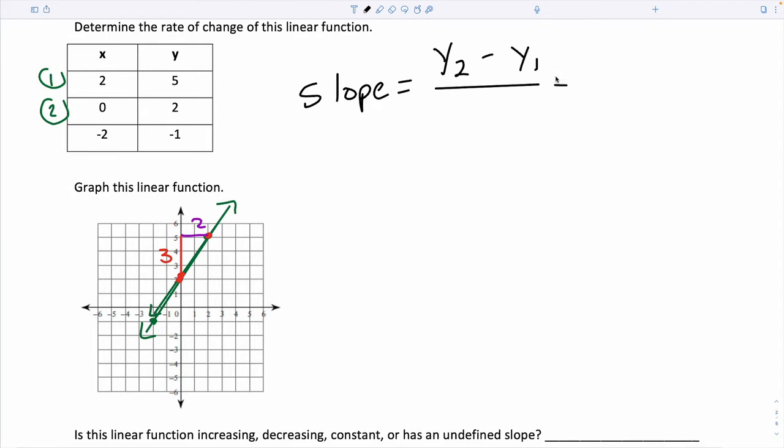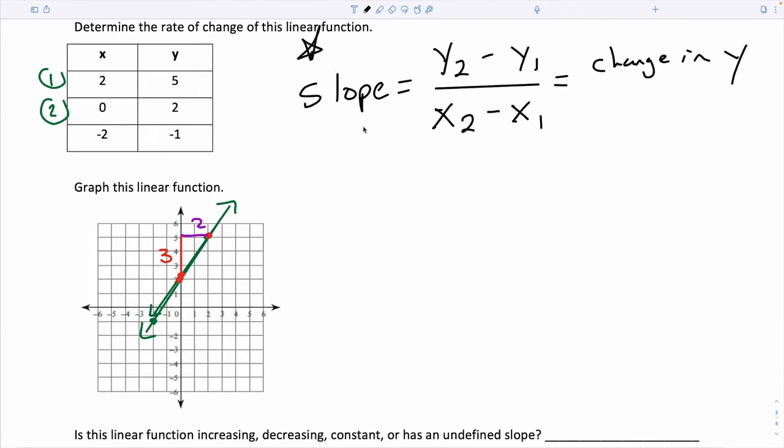That's also the change in the y's. So we changed in the y's 3 different units. And then you're going to place the run as the change in the x in one of the points minus the change in the x in another one. This is your equation you're going to keep close to your math mind.